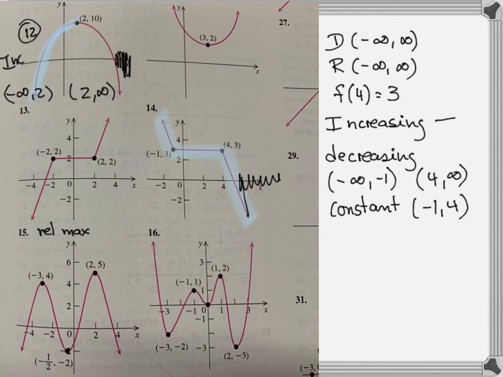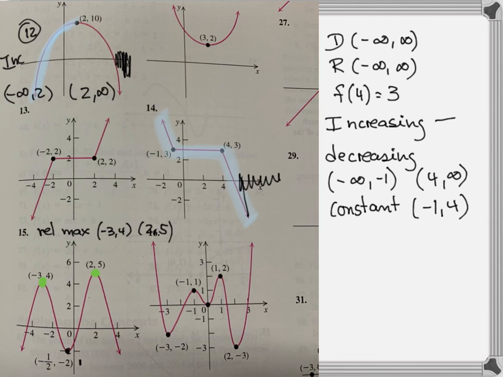What are the ordered pairs? -3, 4, number 15. A relative maximum would be here and there. So -3, 4, and 2, 5. At x equals 2, we have a relative maximum at 5. That would be the proper way to say it, but you can just tell me what the ordered pair is.